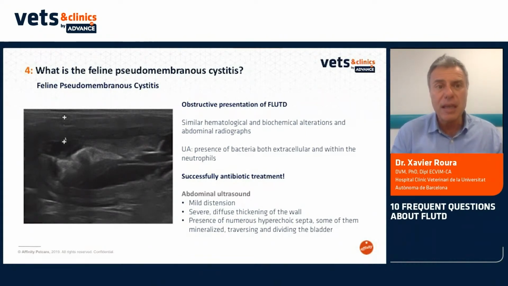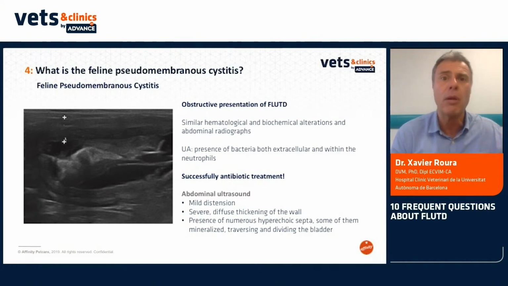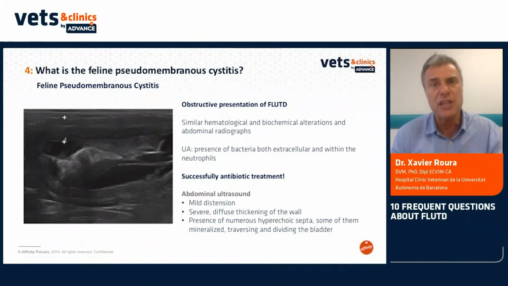So probably in cats we have a new description of urinary tract infection, responding just to antibiotics, but it could be necessary to do abdominal ultrasound in the first presentation of the cat in your clinics, because these cats usually are obstructed, and if you do just an X-ray, the normal protocol for a young cat the first time that it arrives to your clinic, in these cases you cannot diagnose because you need the abdominal ultrasound.